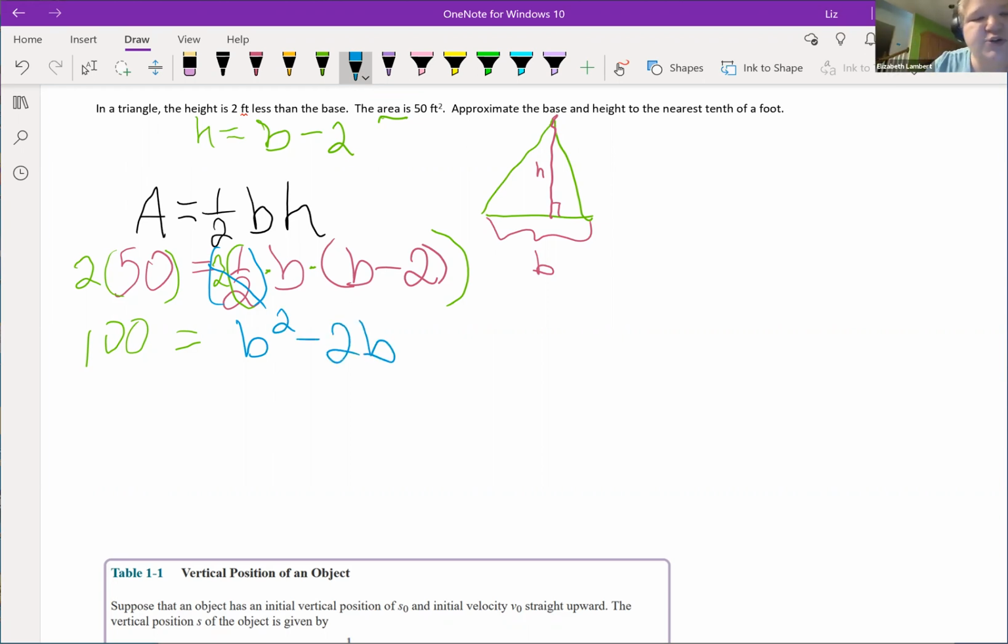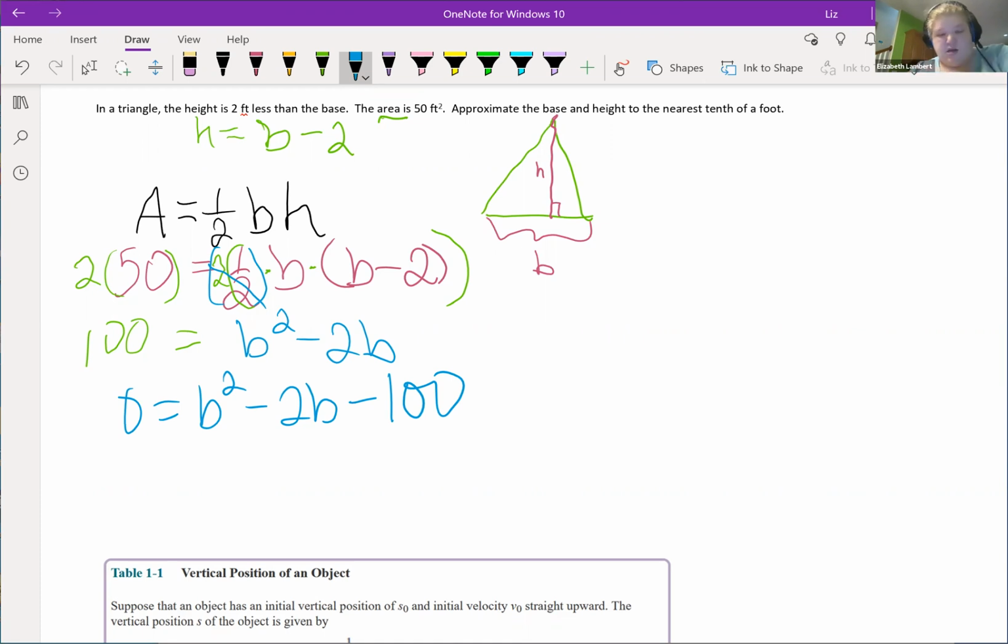And we're going to throw that 100 over there. And now we have an equation to work the quadratic formula on. In fact, I don't think there's a pair of numbers that multiply to 100 that have a difference of 2. So, yeah, pretty sure we are indeed going to get ugly numbers.